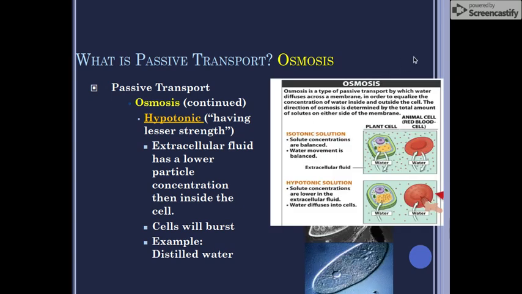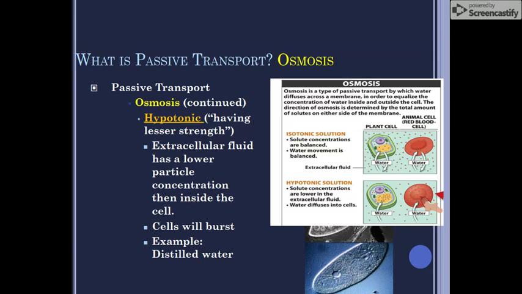Okay. So let's look at hypotonic. Here we have lesser strength. So the outside of the cell has lower concentration than the inside of the cell. Because the concentration outside is lower than inside, water is going to try and move into the cell to balance out those concentrations.